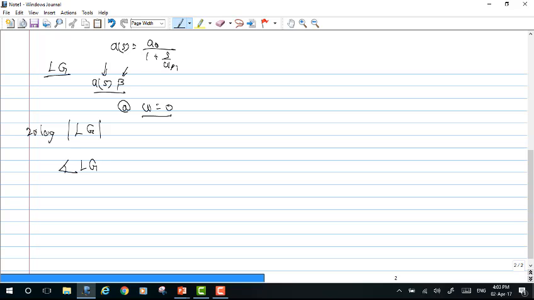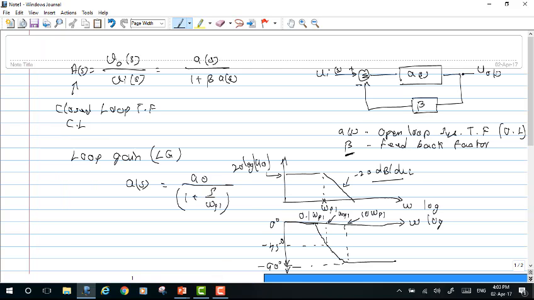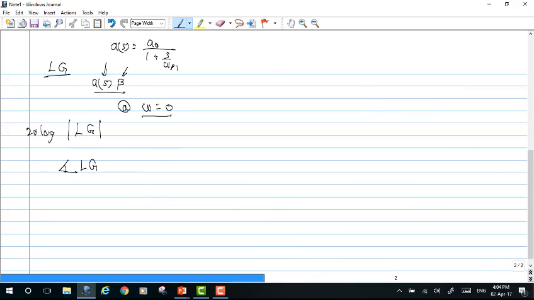Now when we work with frequencies between omega equal to 0 and less than omega P1, the loop gain will have a constant magnitude. Why? It is just because A naught is constant between 0 and omega P1, and that magnitude would be equal to A naught times beta.